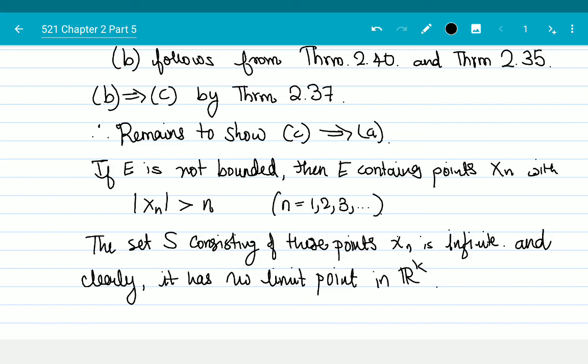And that would contradict the limit point, because limit point means for every n after a certain n, you should have them within epsilon distance. You can always take n plus 1 or n plus 2, and it will be at least one distance away. Okay? These points have no limit point in Rk and therefore in E.